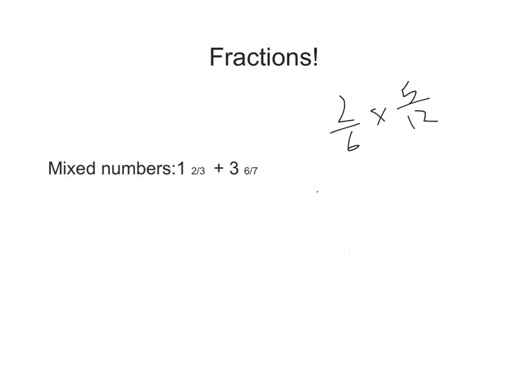But 2 times 6 is 12, so no. So how would you get 6 to 12? 2. So 2 times 2 is 4, which would be 4/12. My bad. 4/12.